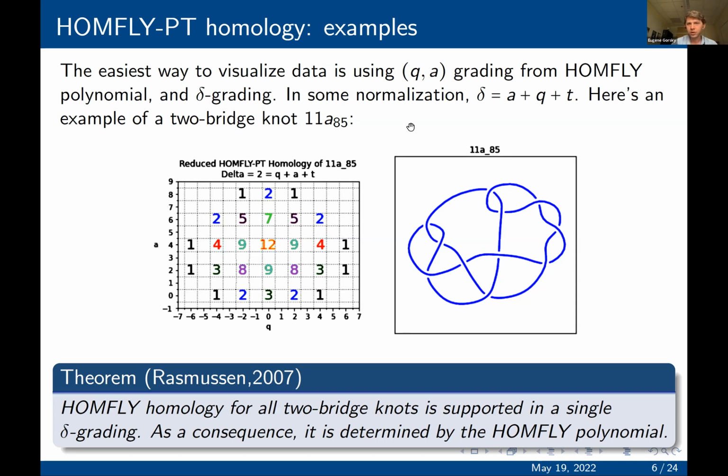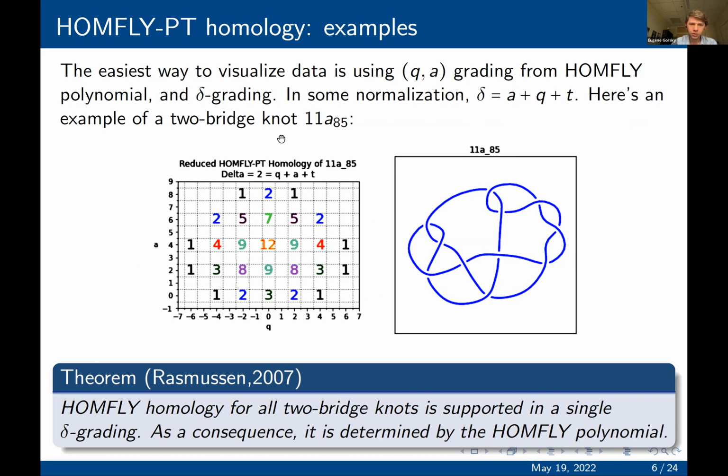One idea, which goes back to Jake Rasmussen, is to use some version of delta grading that appears in many different contexts. In this context, and in some normalization, delta grading is just the sum of these three gradings. It turns out that for many knots, this delta grading is very constrained. In particular for this knot, everything is supported in one delta grading.